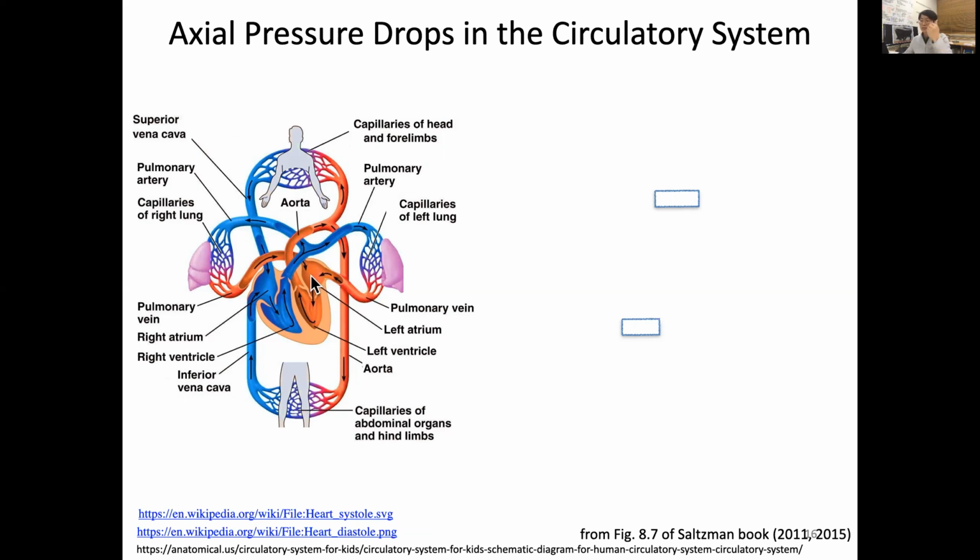The left atrium passes the oxygenated blood into the left ventricle, which is the biggest pump in our body, because it pushes this oxygenated blood through the aorta throughout the upper and lower body, through capillaries of the head and forelimbs, and the lower body, abdomen, and hind limbs. And eventually, after exchanging gas, it will come back.